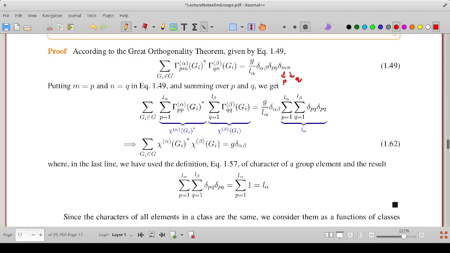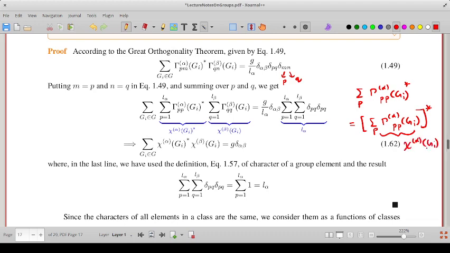Now this sum over P of gamma alpha pp Gi star can be written as: take the sum first of pp Gi, then take the complex conjugate. But this is nothing but the character chi alpha of Gi, the character of Gi in the irreducible representation gamma alpha.